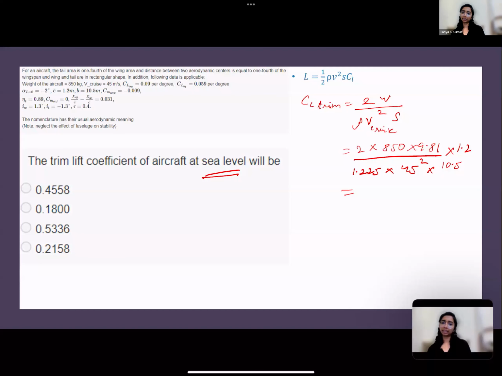How will you consider tail as well? You mean CL of the tail?